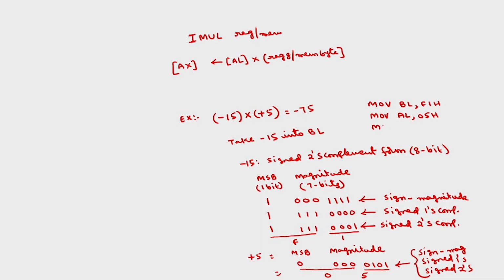Then write MUL BL. Inside, AL and BL will be multiplied, and the result will be stored in AX. Now what will be the contents of AX after this instruction?